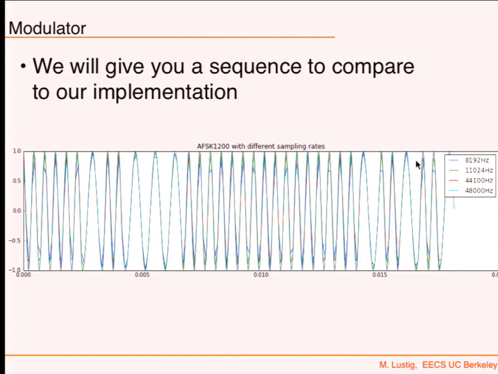You can see here when I generated it at this rate or this rate, they all align. There's no drift over time. But sometimes you don't evaluate at the peak, which is fine, because this is what sampling is.